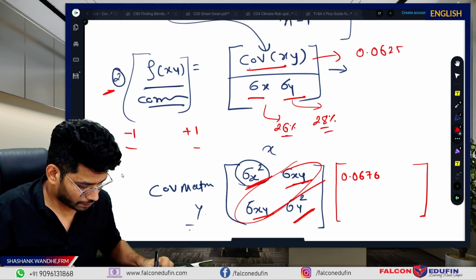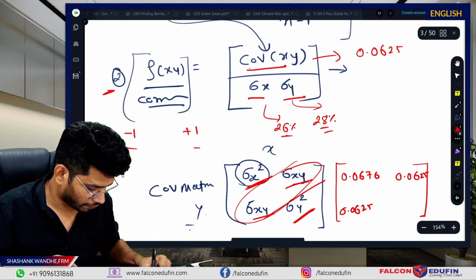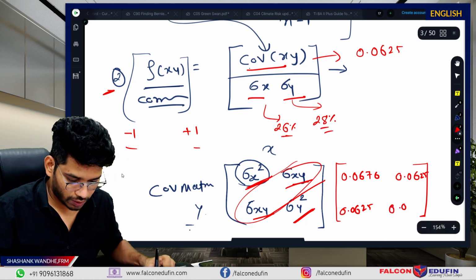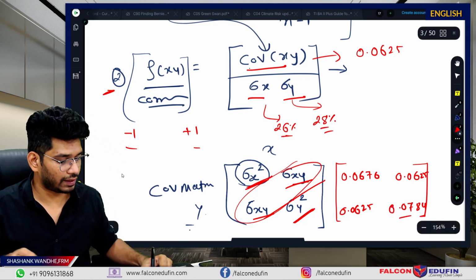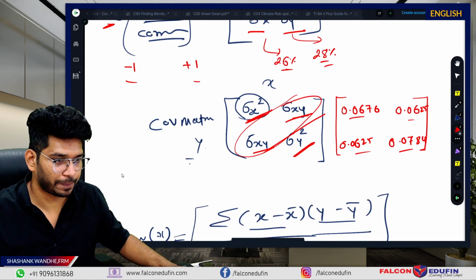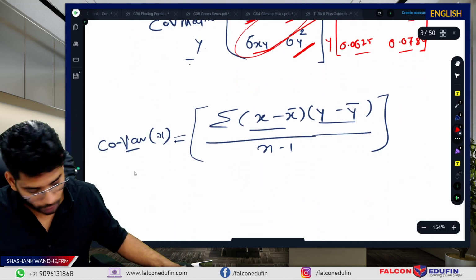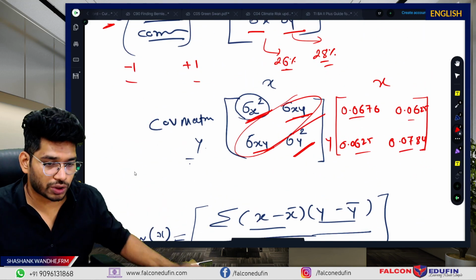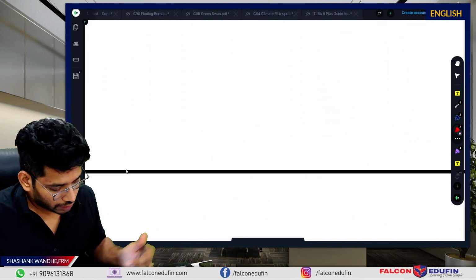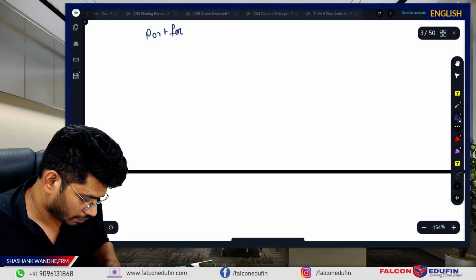Then we have 0.0625, 0.0625, and then 0.28 square, which is 0.0784. This is simply the covariance variance matrix. Start with x, then y. I hope you understood this part. Now next, where do we use this? We use this in portfolio optimization.